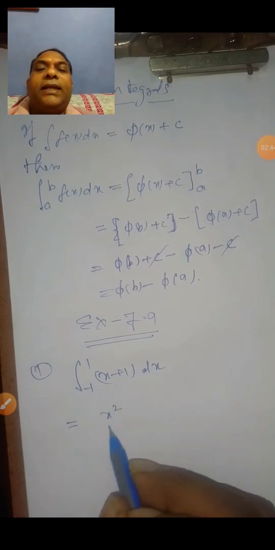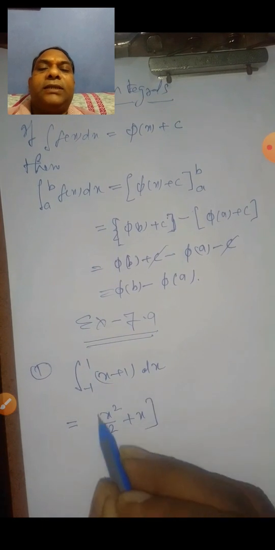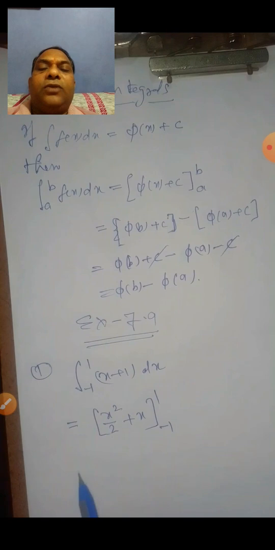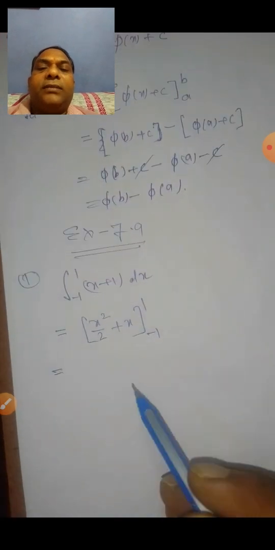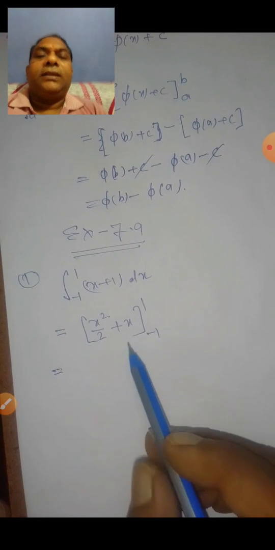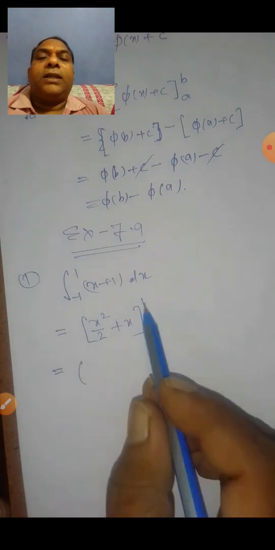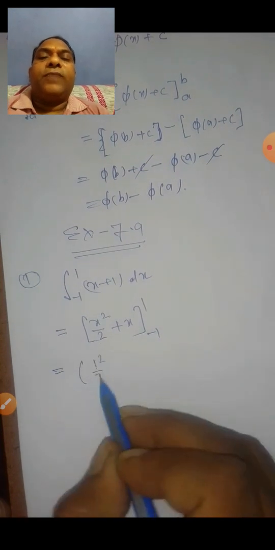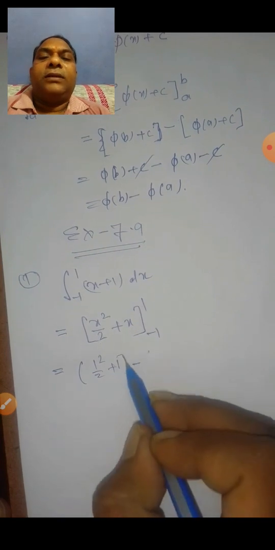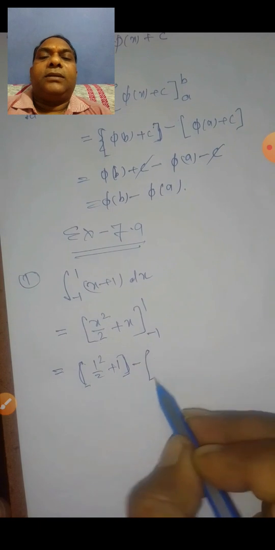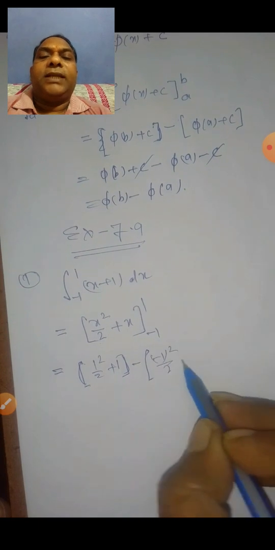To integrate x plus 1, which will be x square by 2 plus x, and apply the limit minus 1 to 1, then upper limit minus lower limit. So firstly put 1 in place of x, which will be 1 square by 2 plus 1, minus put lower limit, means minus 1, in place of x.